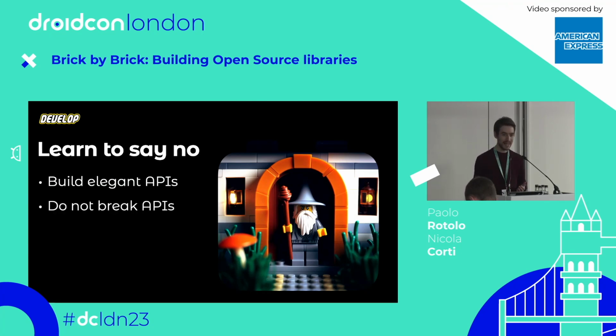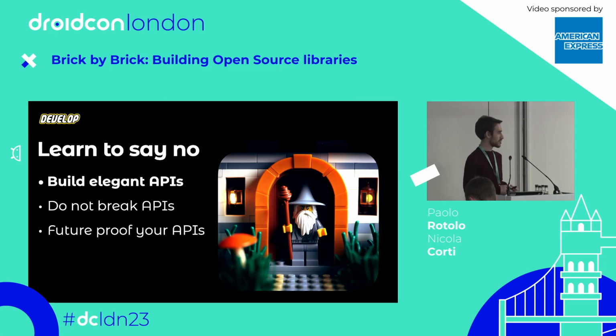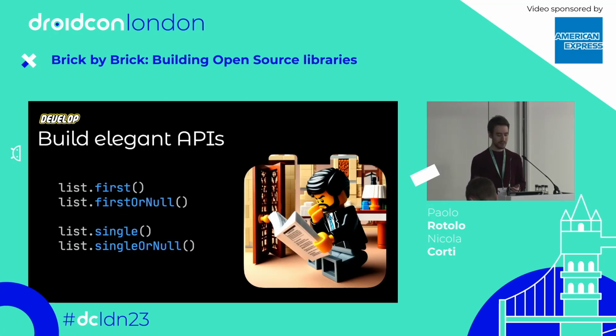Do not break APIs between releases, because maybe your users will be afraid to update from one version to another if things break. And finally, make some APIs that are future-proof. So let's start with the first point. So build elegant APIs.